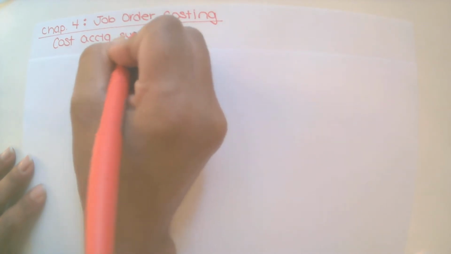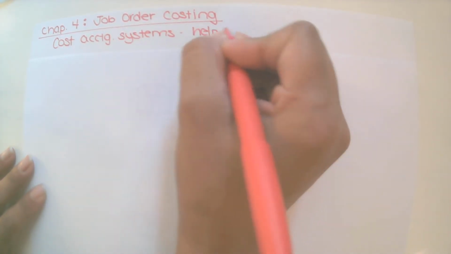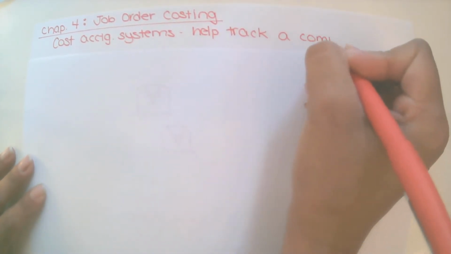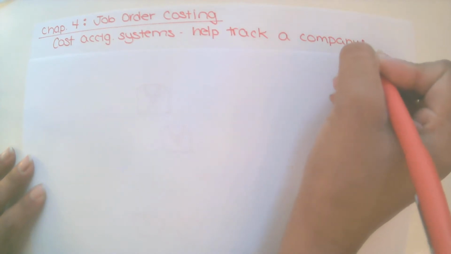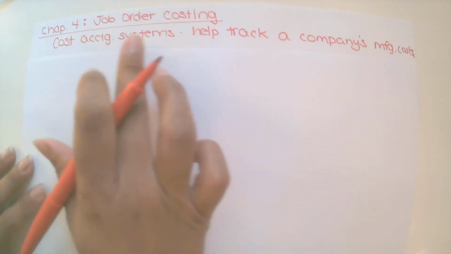So cost accounting systems help track a company's manufacturing costs. Now there's two main cost accounting systems.